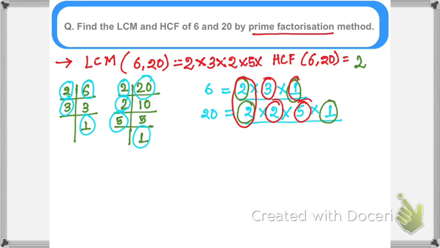And for these two 1s, you will write a single 1. So what you got? 2 into 3, 6. 6 into 2, 12. And 12 into 5, 60. 60 into 1, 60. So the LCM is 60 and the HCF is 2. This is the answer.